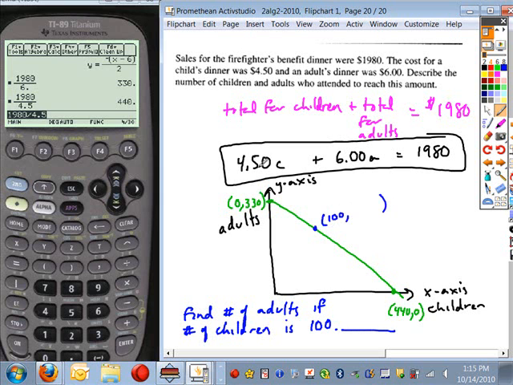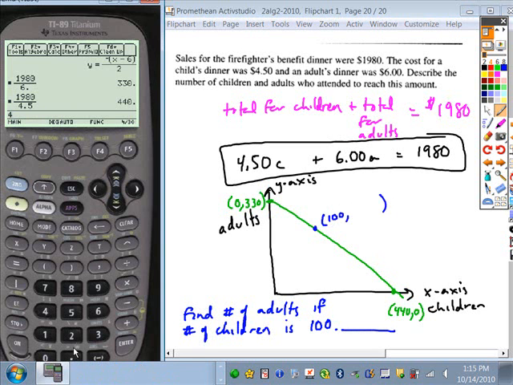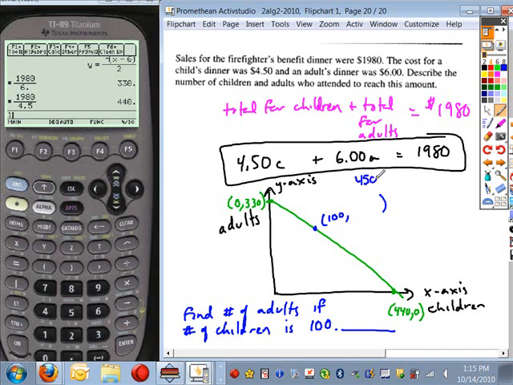Good. So if we plug in 100 for C, can we do that mentally? What's 4.5 times 100? So you get 450. Okay. So if we take 450 plus 6A is equal to 1980, and we solve.